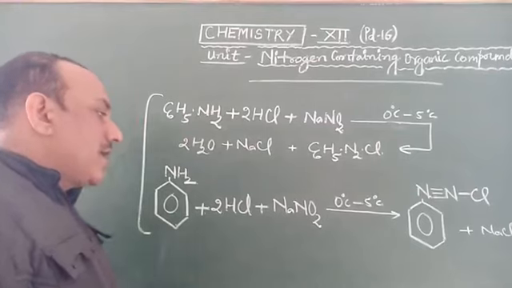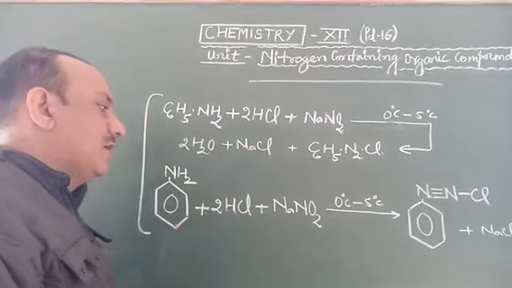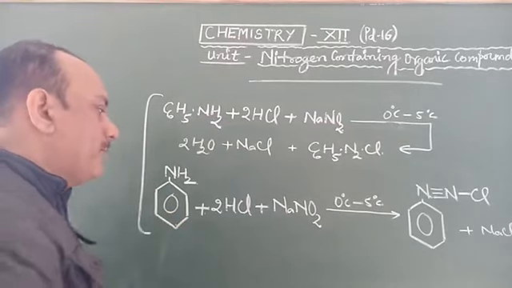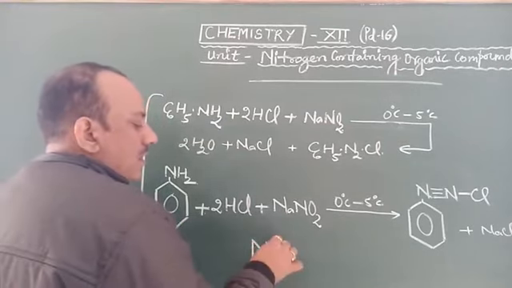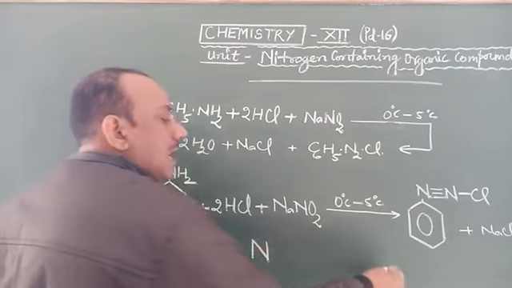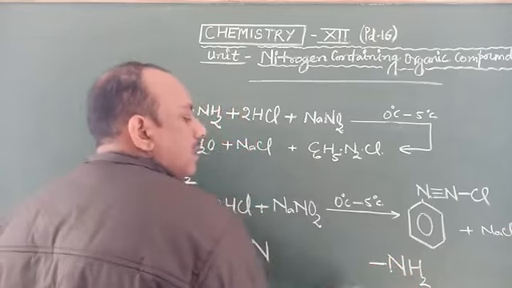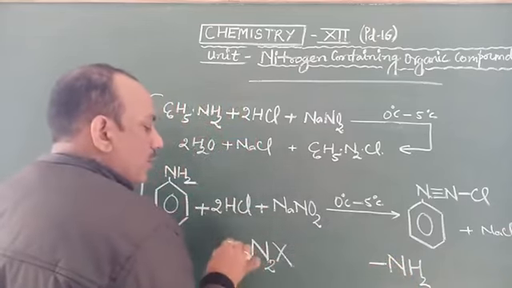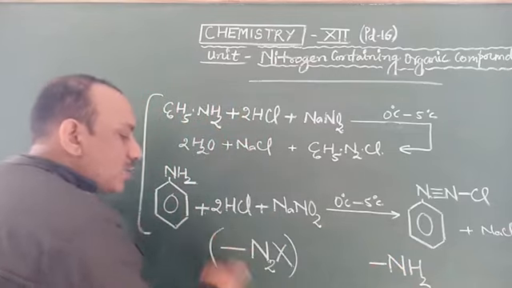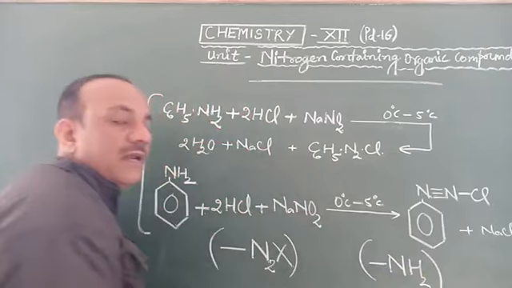Students, according to the concept of this formation reaction, we say that the NH2 group or amine group is replaced by the N2X group. This group is known as diazonium and this one is known as amine.